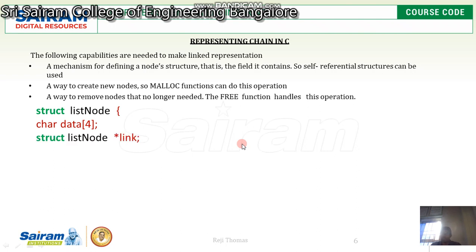The second member is a self-referential structure, which you have studied. It takes the same name as the structure, struct list node, and we name it link. So the first member is a character, and the second one is a pointer to that self-referential structure.